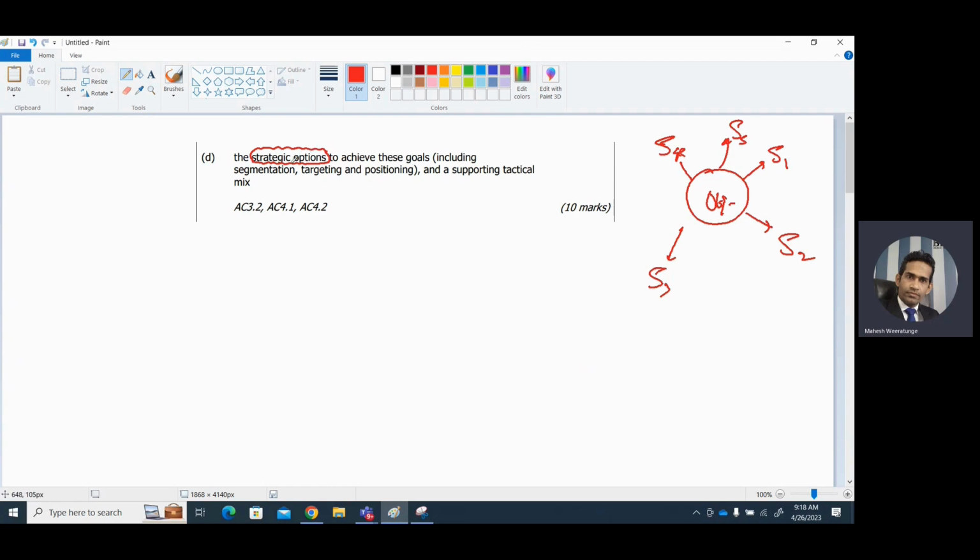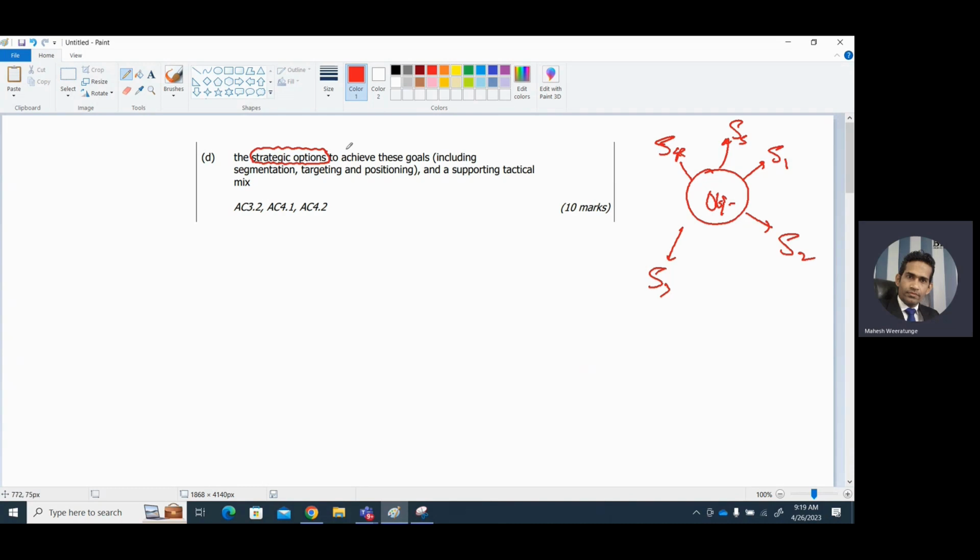Before I read the rest, you need to identify the meaning behind the strategic options. You are not having only one strategy. You have many strategies. Out of that, selecting the best is the part we are going to do. But the strategic option means you might have one objective which you can achieve using many strategies.